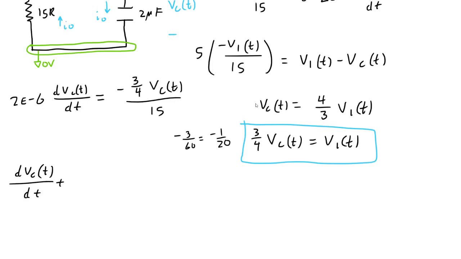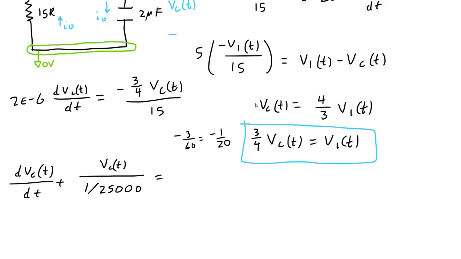This is going to become 1 over 20 divided by 2 millionths, which is 25,000. So we're going to have a time constant of 1 over 25,000.